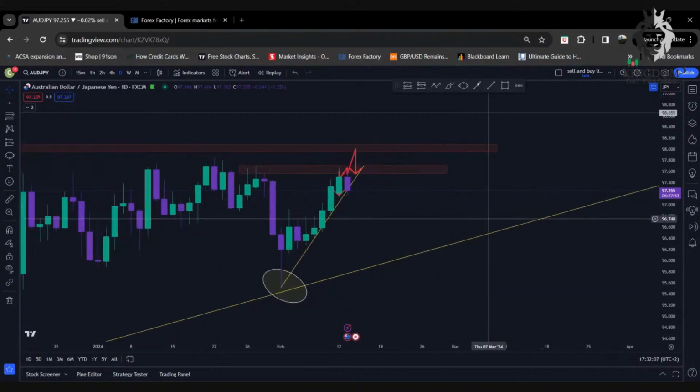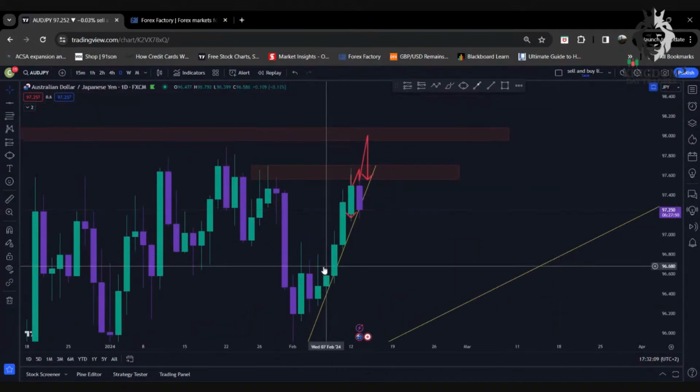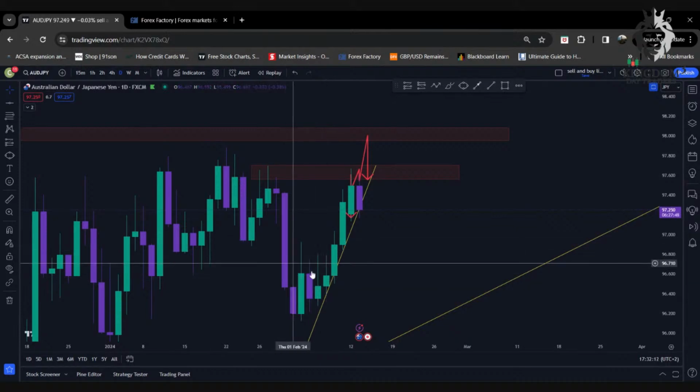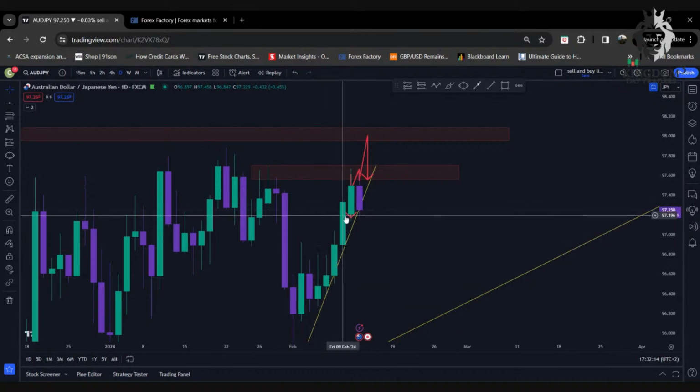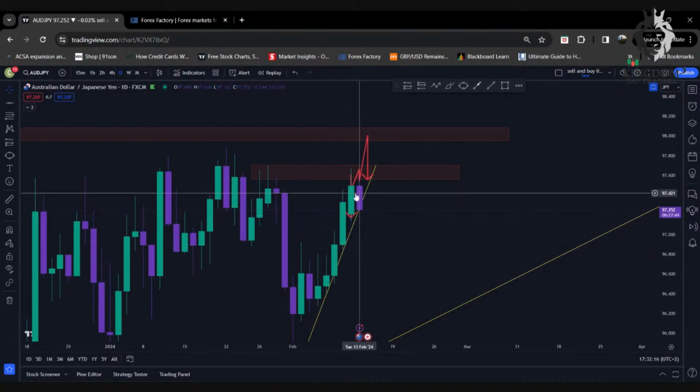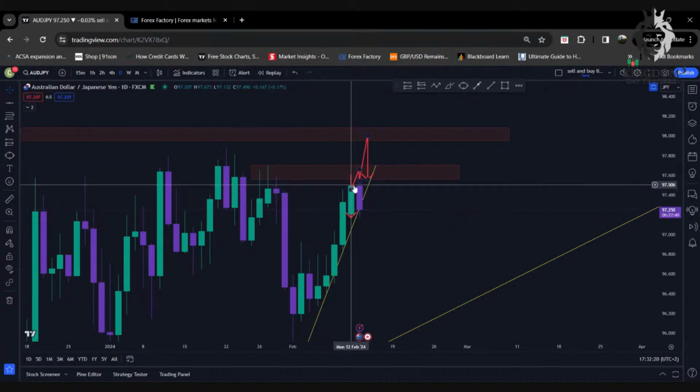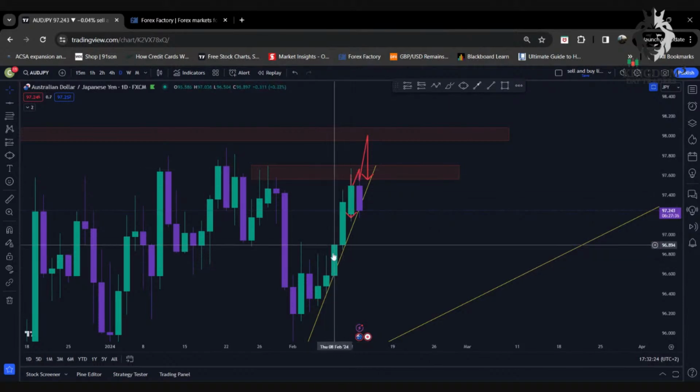But over here, on a daily time frame, we are seeing price action going long, right? And it has been strong for the last, if you don't count this day, the last 3 days, right? It has been strong. It has been going in an uptrend. So I'm looking at this particular.